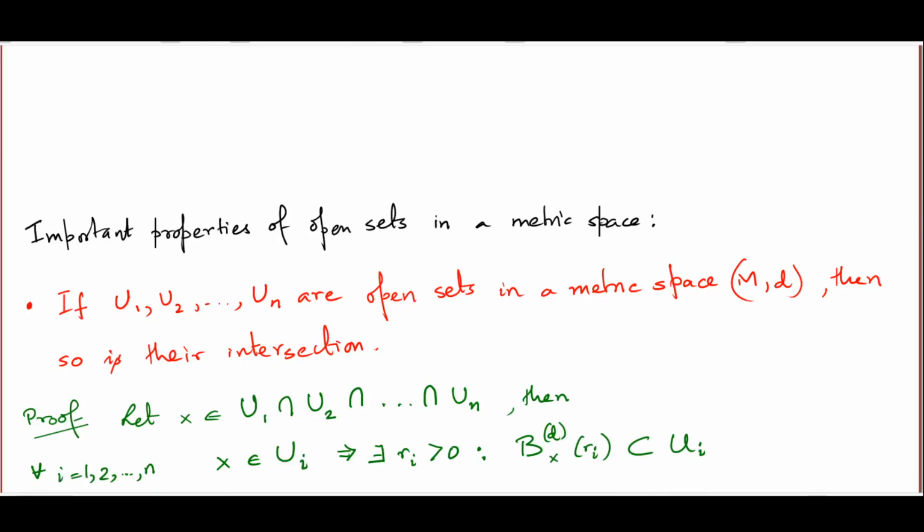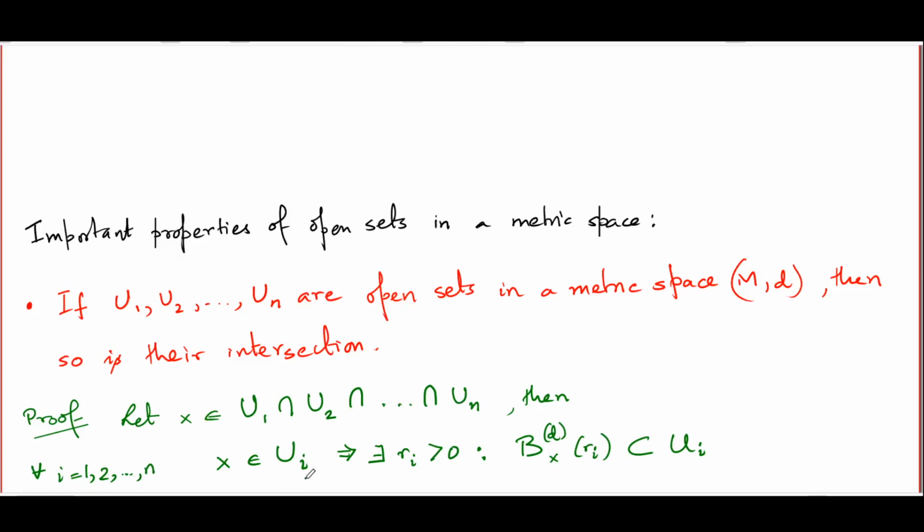In order to show that, we need to show that every point in the intersection is an interior point. So let us focus on one such point. If x is an element of this intersection of u1, u2 up to un, then for every one of the i values from 1, 2 up to n, x must belong to ui. In other words, x belongs to u1, u2, u3, u4 all the way up to un, all of them.